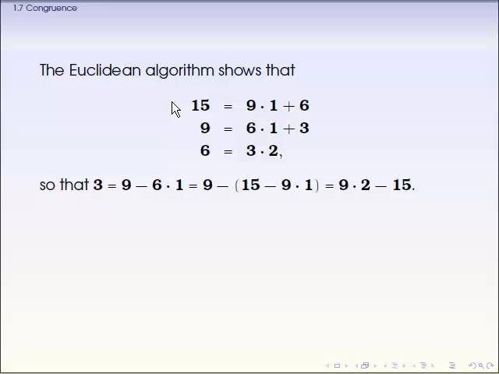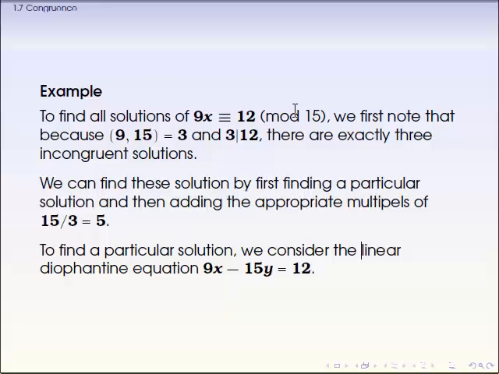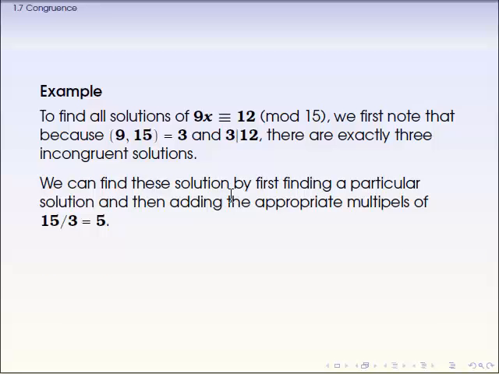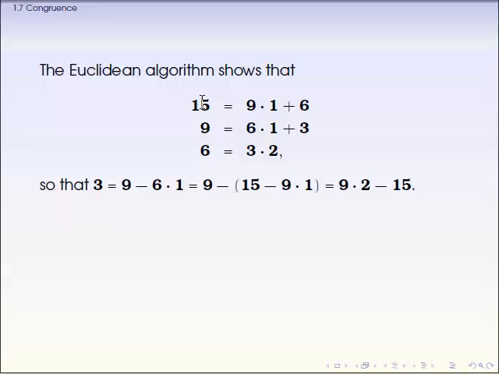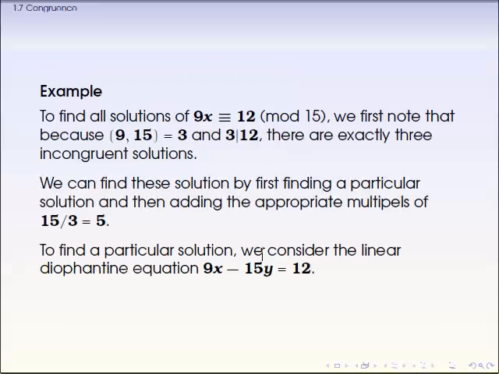We use the Euclidean algorithm, which we didn't cover in our course, so hopefully we have time in class to show it, but just try to follow me. Whenever you want to solve this linear Diophantine equation, choose the numbers 15 and 9 from the coefficients of x and y.